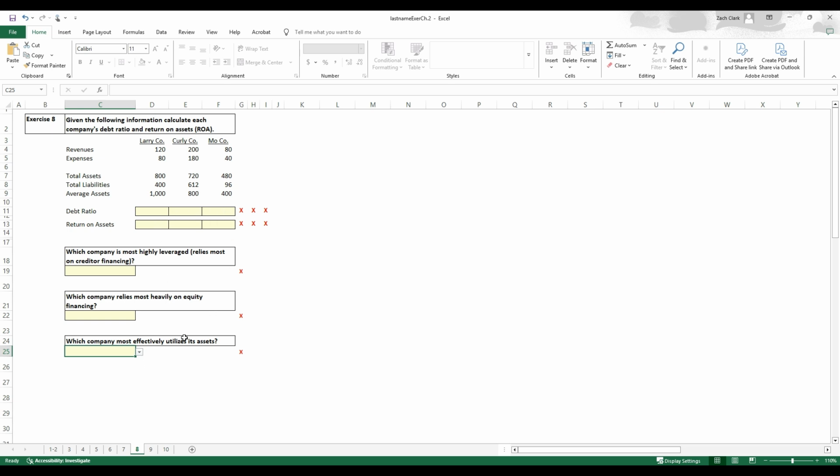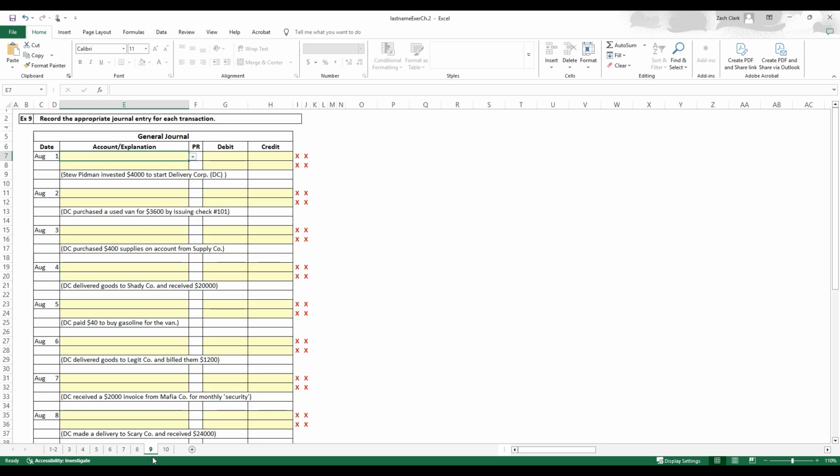Just as a note, be careful, that portion of the explanation is a little bit hidden there. This is pretty straightforward. I don't want to rob you of the joy of figuring these ratios out and putting the formulas in, so work on that yourselves. Let me know if you have any questions, but I'll leave that for you all.